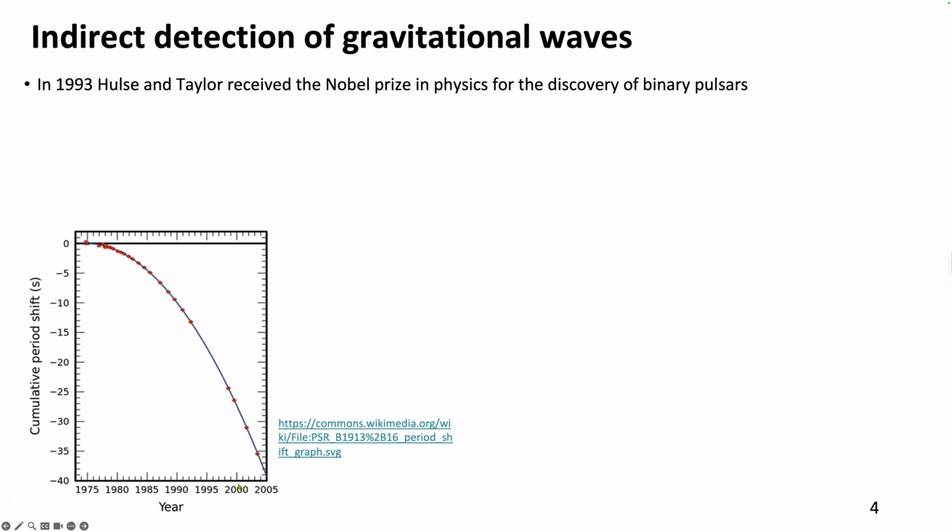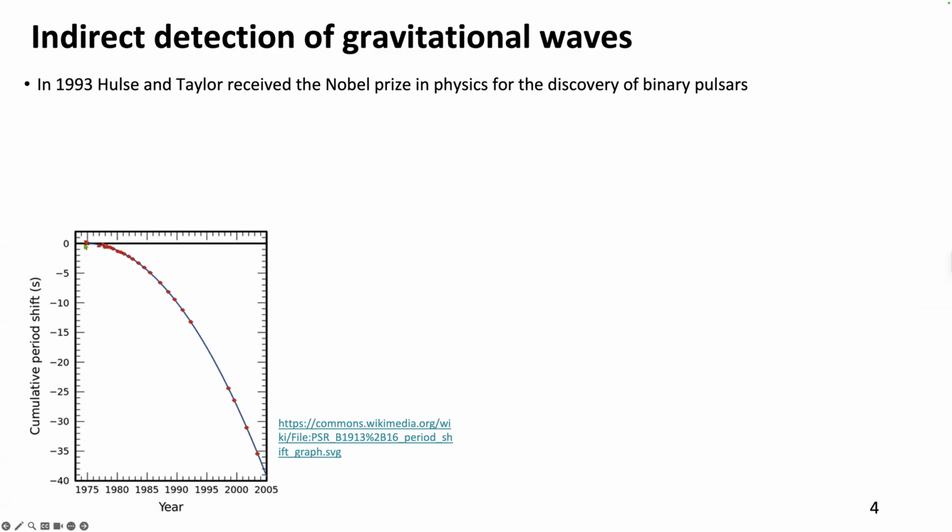And see here, you see 30 years of observation. If you assume the mass of the pulsars and go consult with Einstein's equations, you get that this binary pulsar, two pulsars in orbit around one another, they should generate weak gravitational waves. We don't see the waves in this case.